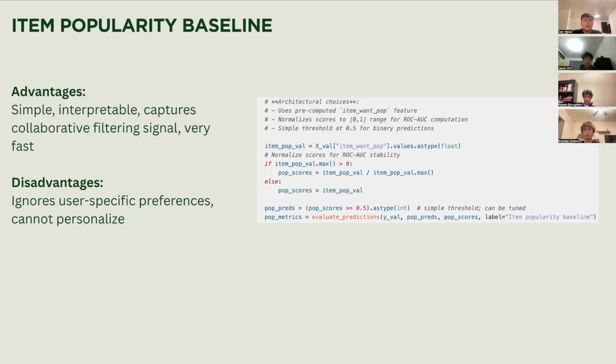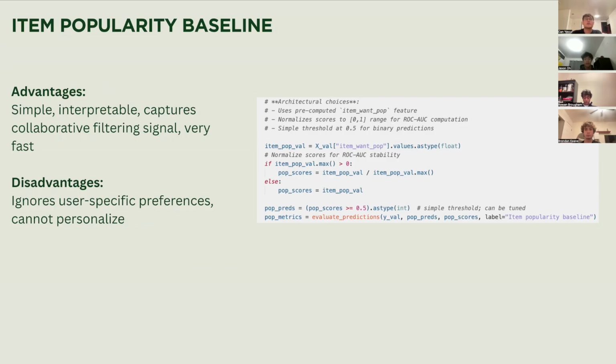Moving on to the item popularity baseline, it predicts wants based solely on item want pop. The reason that this works so well is because popularity is inherently a collaborative filtering signal for people. If something's popular, people are going to want it, as I said.